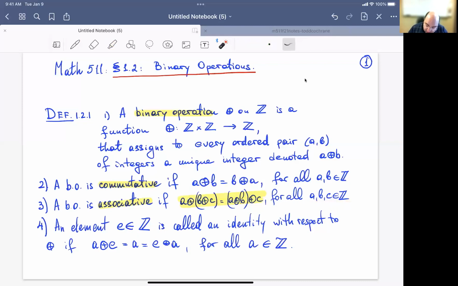The third important property for a binary operation is having an identity. An element e is called an identity with respect to that particular binary operation if, when you apply the operation with e to any element a, you get a back, and it doesn't matter whether you apply it from the right or from the left.